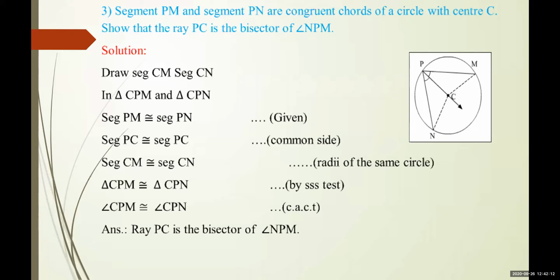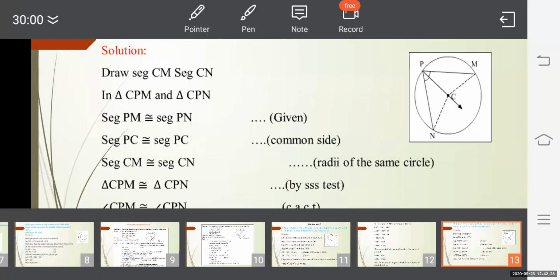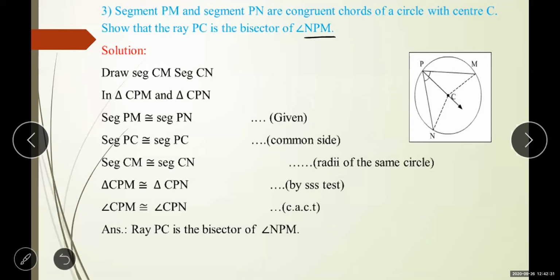Then show that ray PC is the bisector of angle NPM. That means these two chords NP and PM are joined at the point P. P is common in between both.